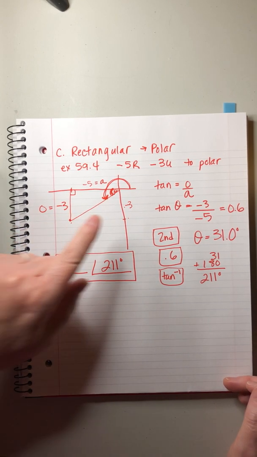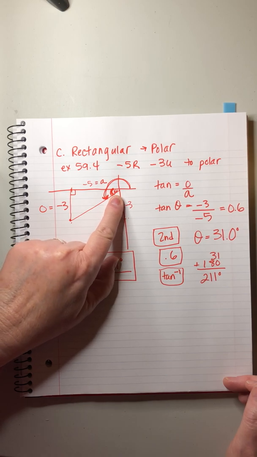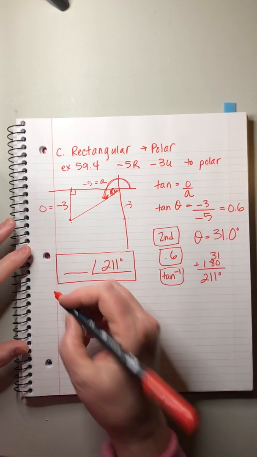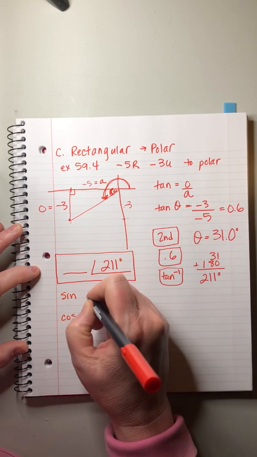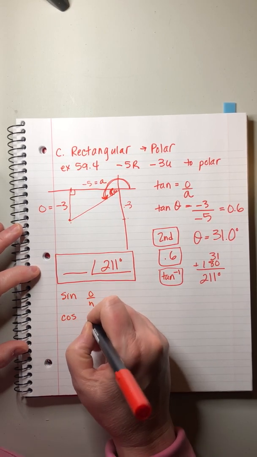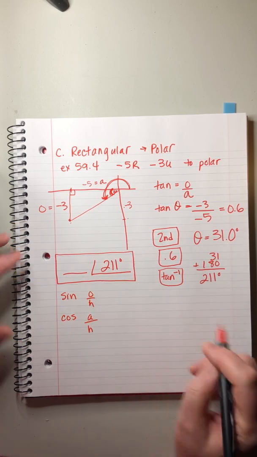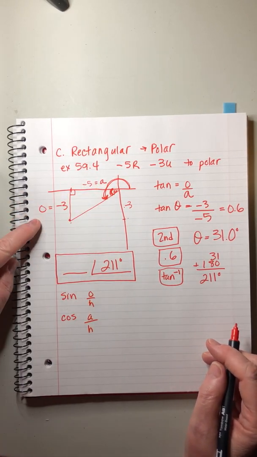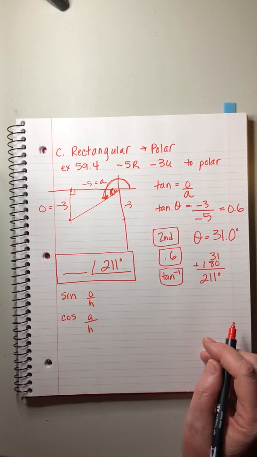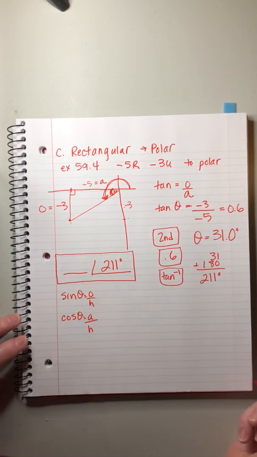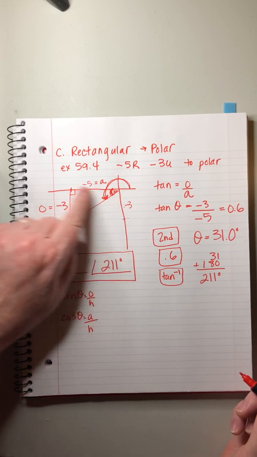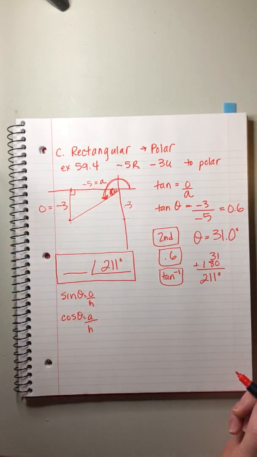Now we know the size of this angle, so I can use sine and cosine, right? I've got the adjacent, I've got the opposite, I've got the angle, the theta that goes there. It's 31 degrees, just to do the trig on this little triangle.